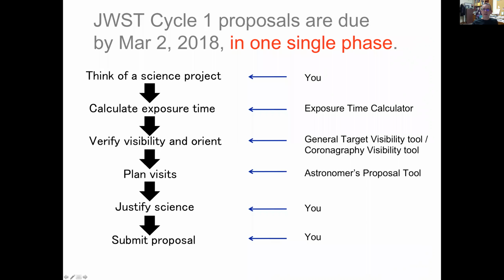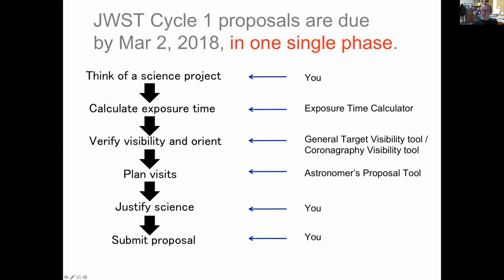So you have to think about a program, that's of course a science project. And then you have to assess the feasibility through a tool called the exposure time calculator. And you have to assess also when the target is actually visible and what orientation you need to use to observe your specific targets.